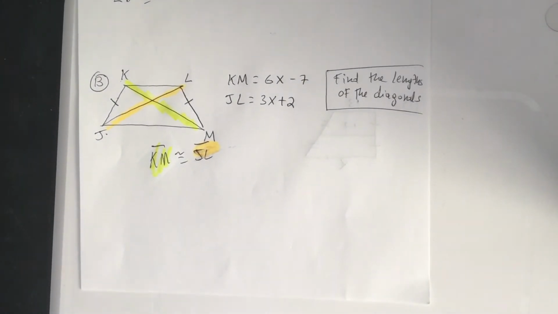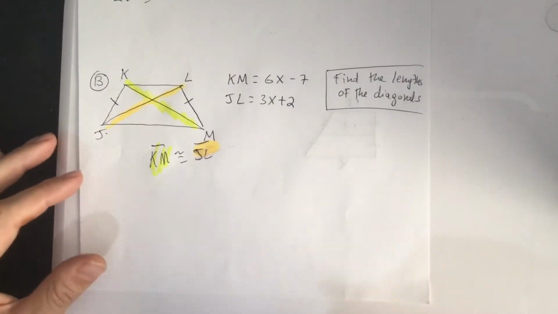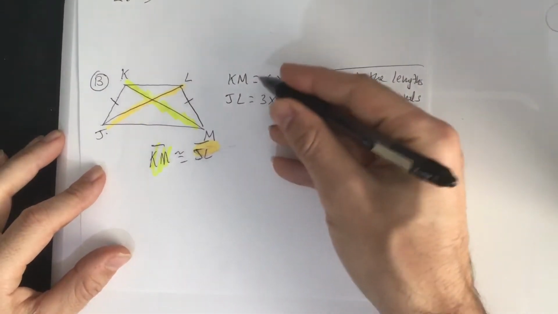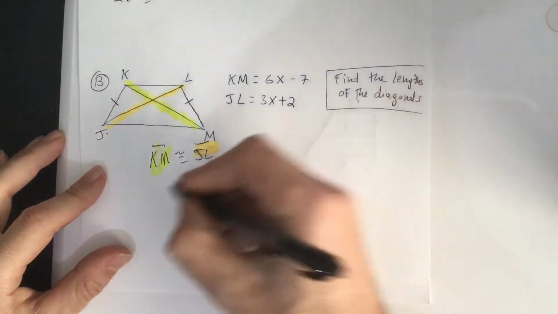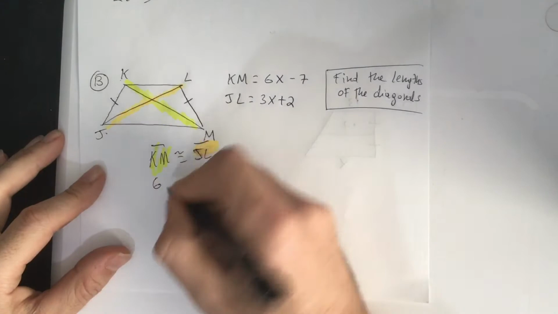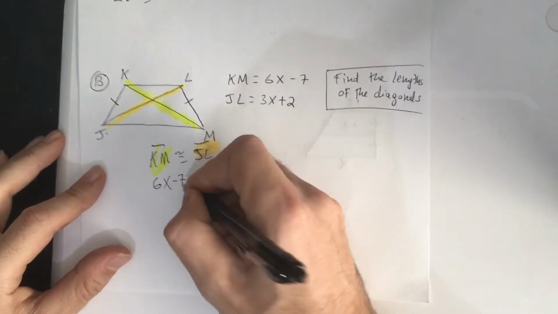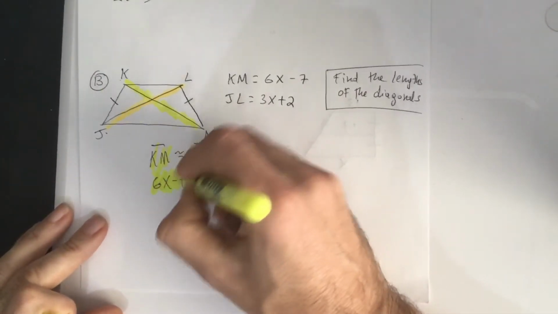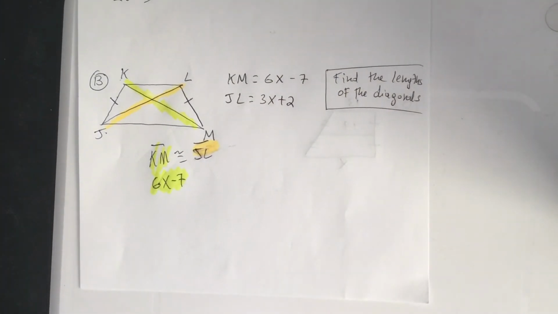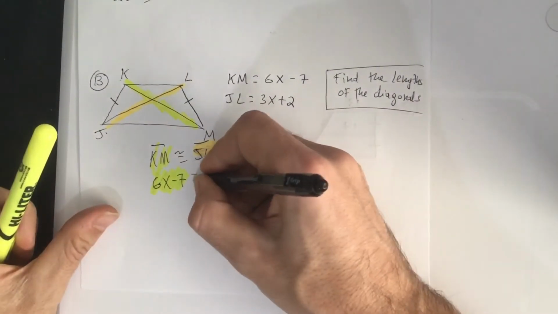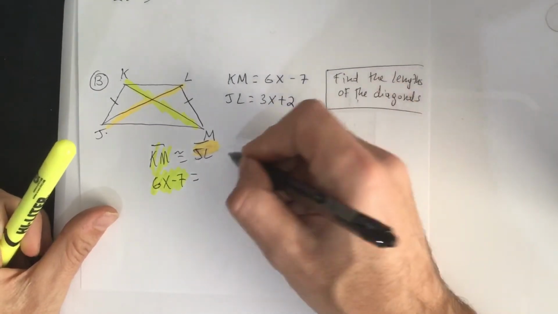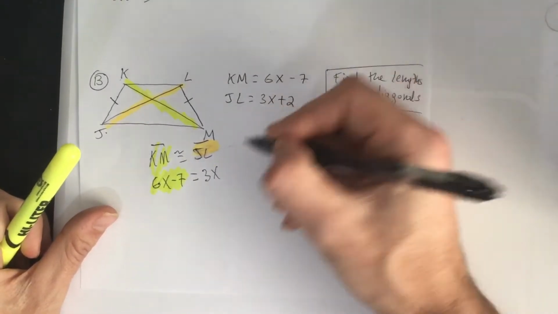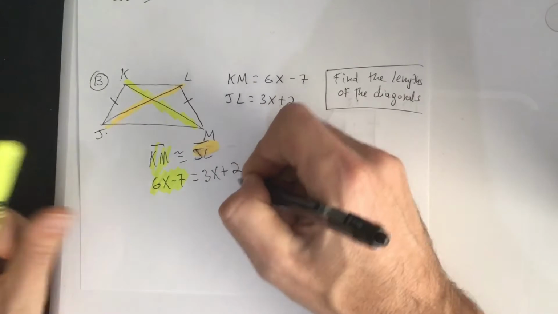So we set them equal to each other. So KM is basically 6x minus 7, right there. And JL is 3x plus 2.